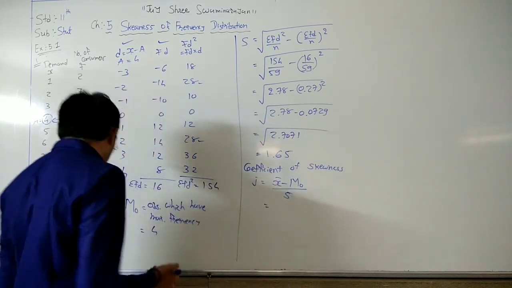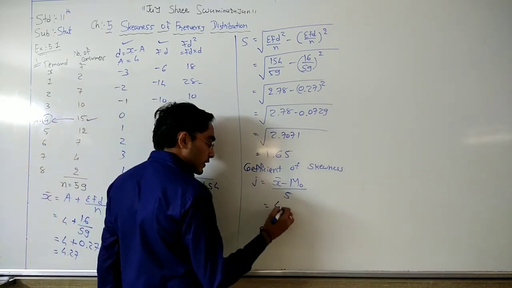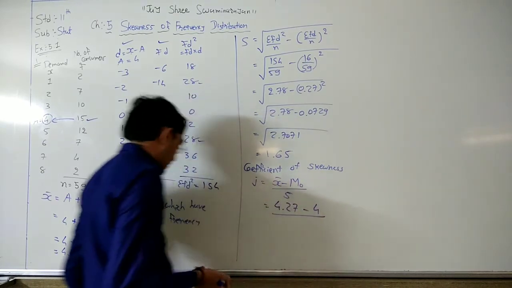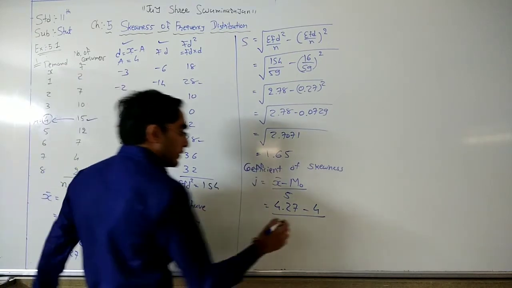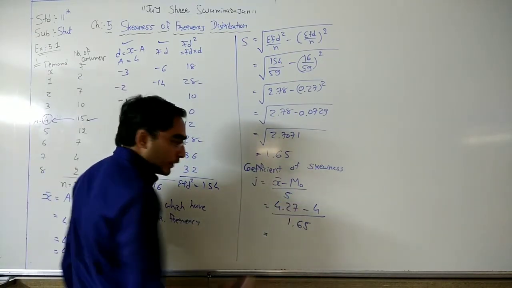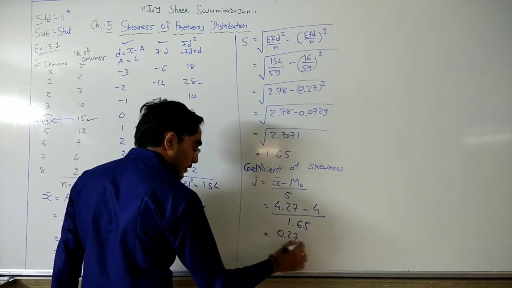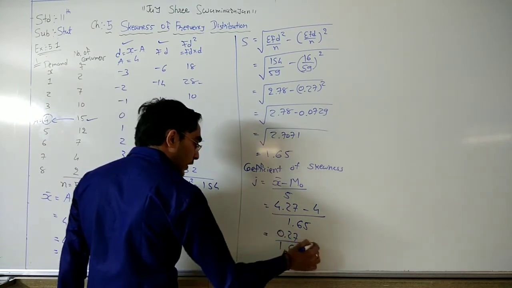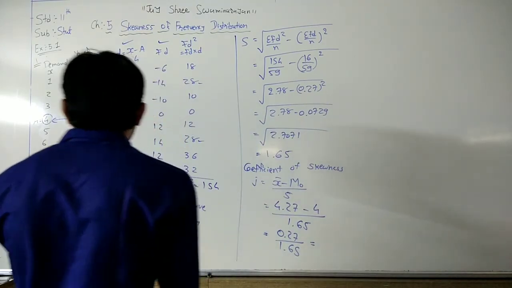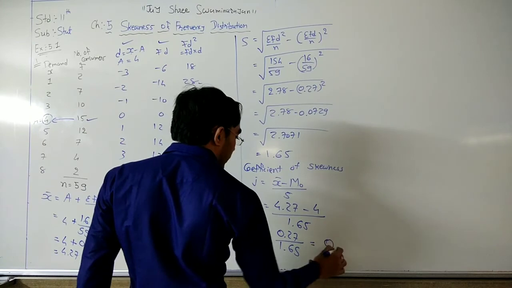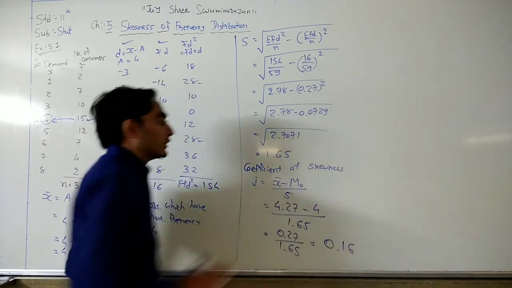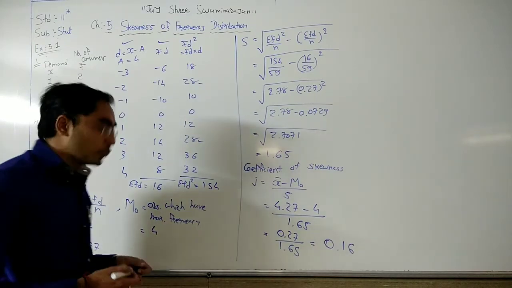Mean x bar is 4.27 minus mode, which is 4, divided by standard deviation 1.65. Now 4.27 minus 4 is 0.27, divided by 1.65. If you divide 0.27 by 1.65, finally we get the answer 0.16. This is the coefficient of skewness.